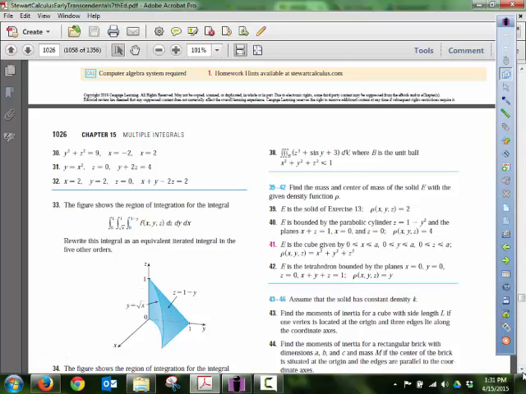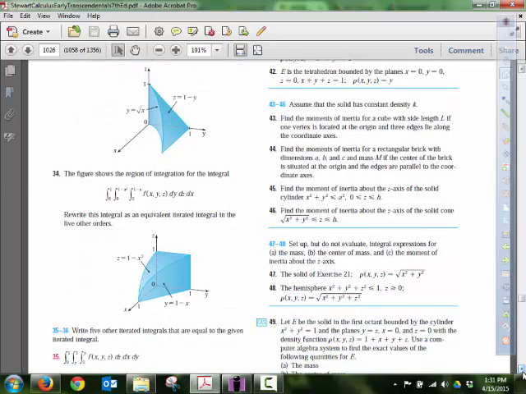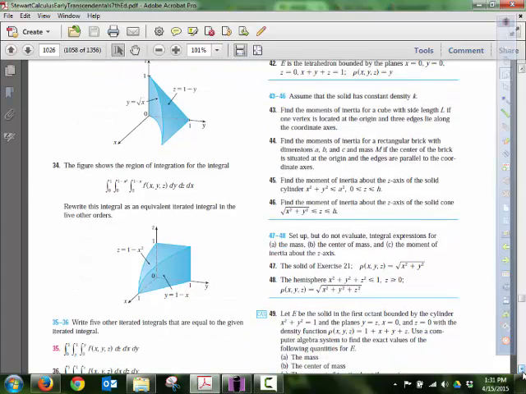So let's do the one next to it. It says: the figure shown is the region of integration for the integral. It looks like this. Rewrite the integral as an equivalent iterated integral in 5 other orders.